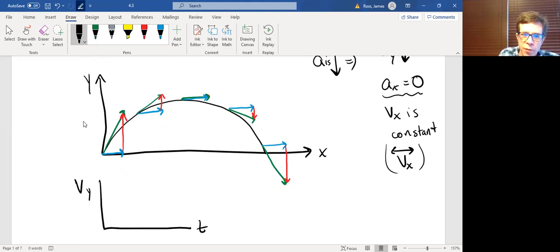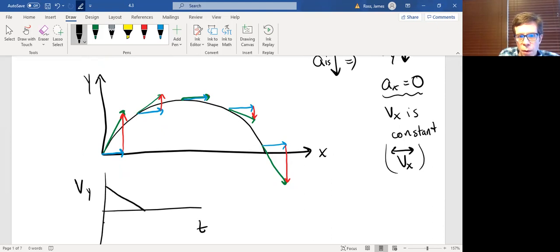It starts out with a large positive value, goes to 0, and then has a large negative value. And Vx is constant, so I won't bother graphing it.